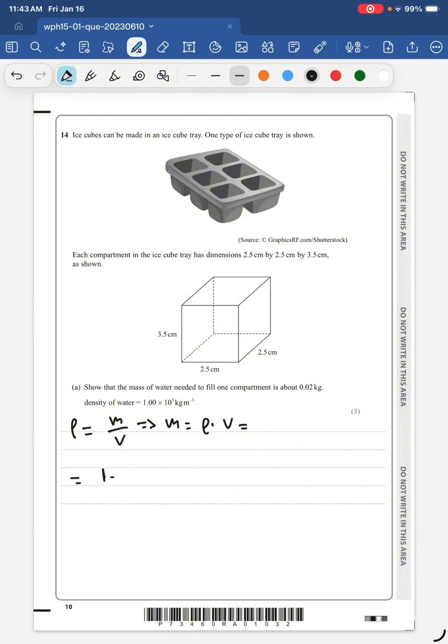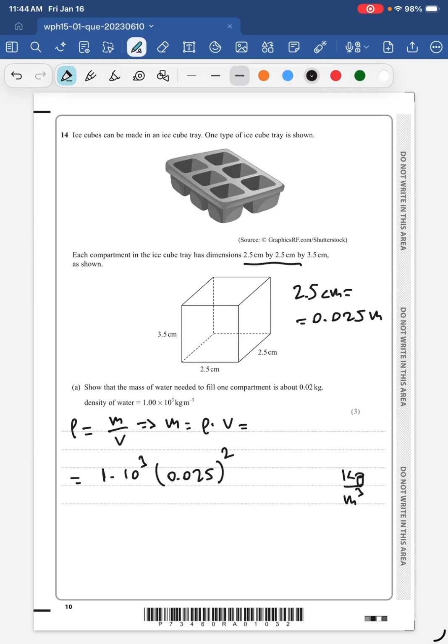So 1 times 10 to the third kilograms per cubic meters. And remember that when I write units down, I put all the numbers to the left and all the units to the right, so I can work with the units and cancel and so on. And then what's the volume of this cube? We have 0.025 meters, because you have to convert 2.5 centimeters to 0.025 meters.